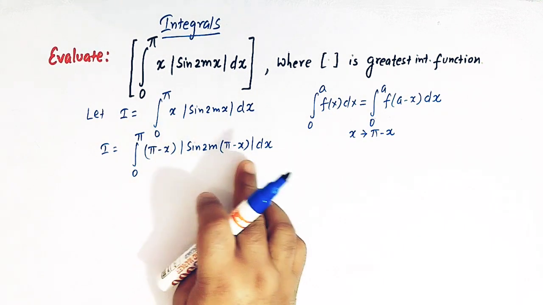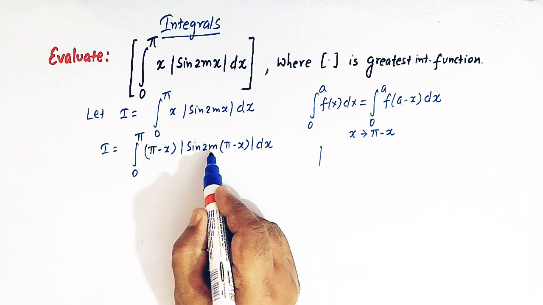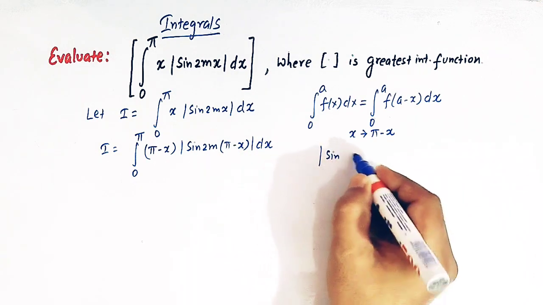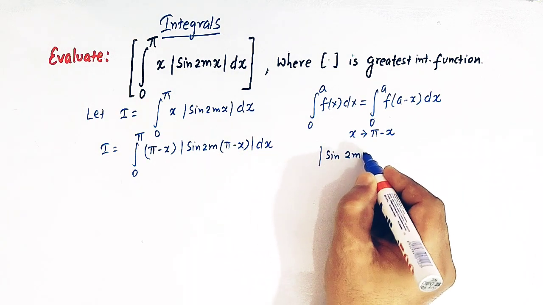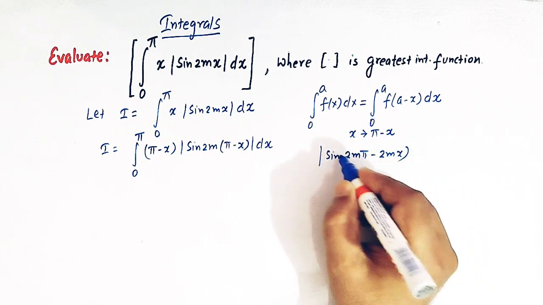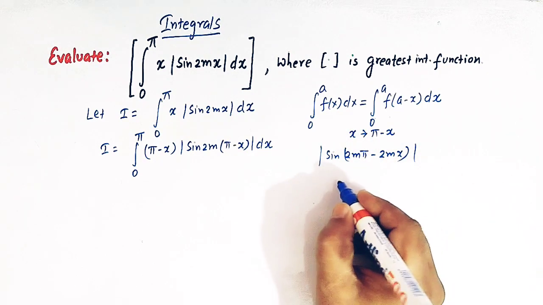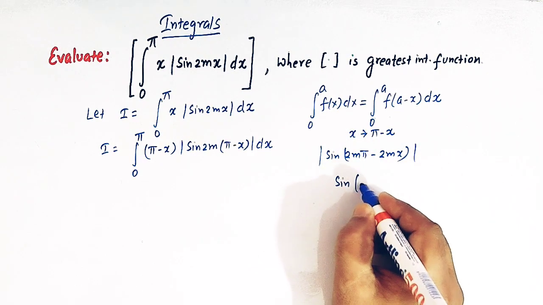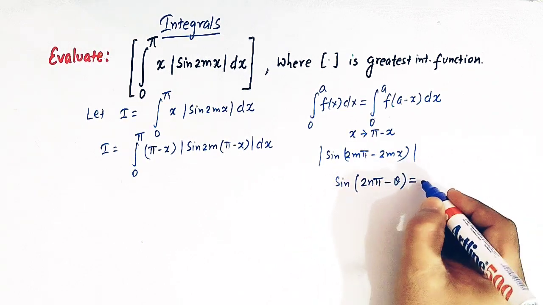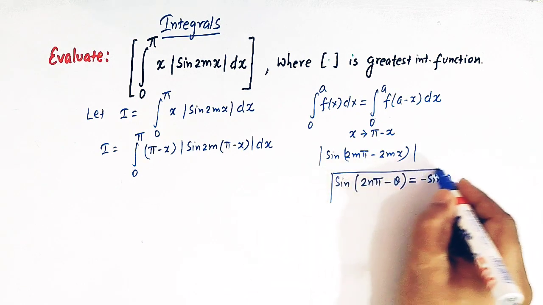Now let us see this term. Here we have mod of sine 2m times pi minus x, which can be written as sine of 2m pi minus 2mx. From trigonometry we know that sine of 2n pi minus theta is equal to minus sine theta. This is an important result.